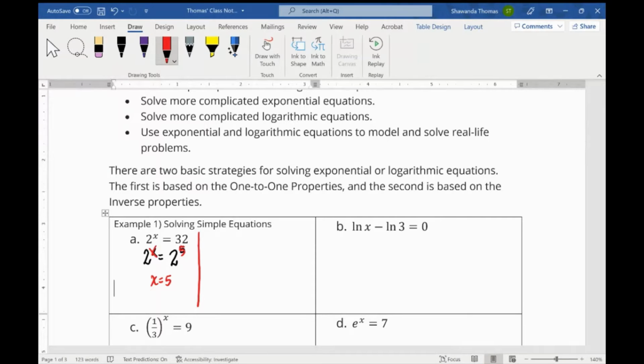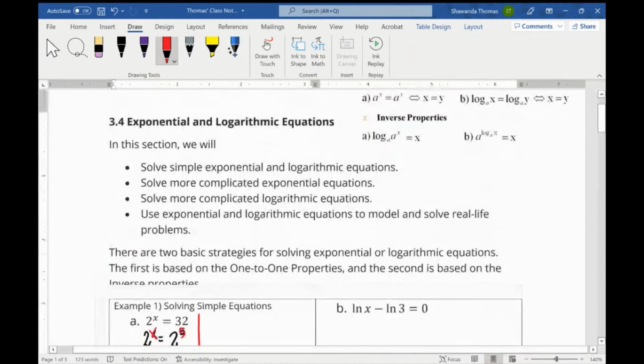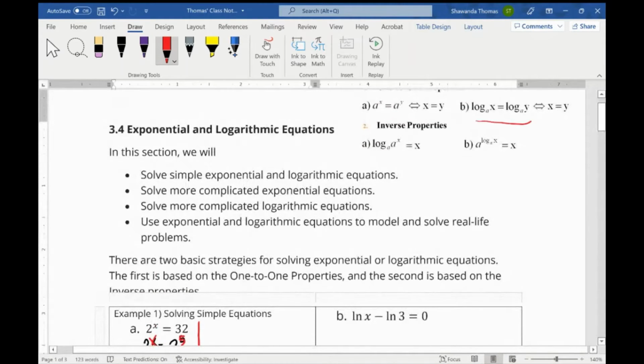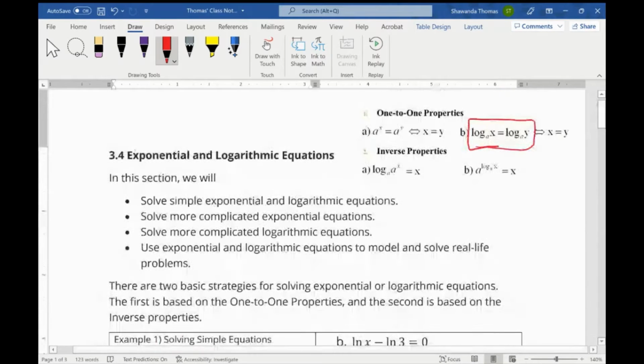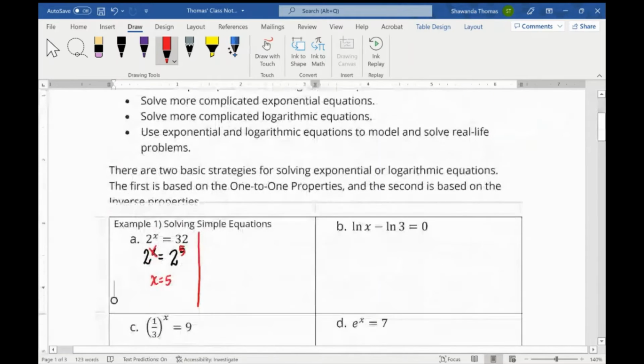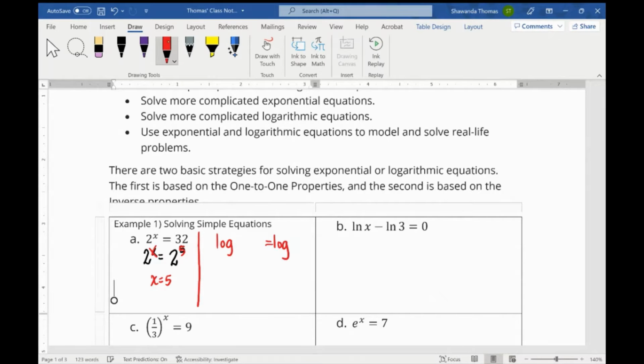You could have logged both sides, right? Let me show you what I mean. You could have used this version of the one-to-one property, part B, and said log on both sides. You write the logs first, and I'm going to write down the 2 here, x, as long as you have that same base.